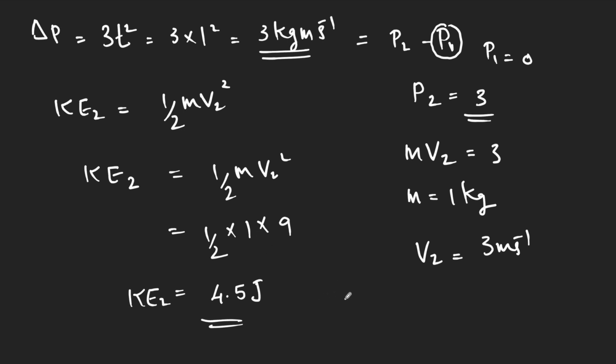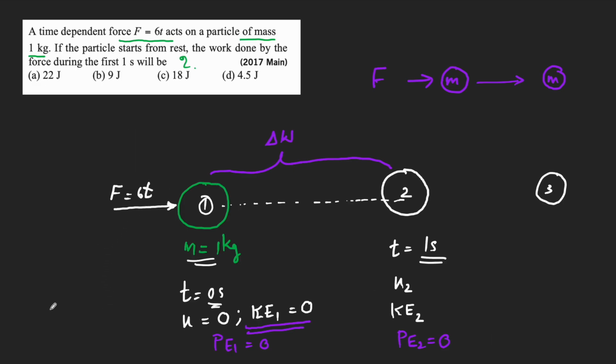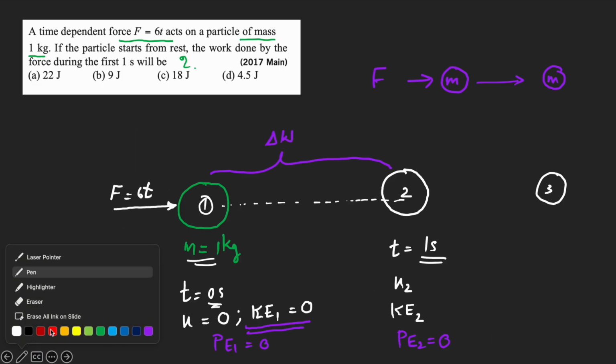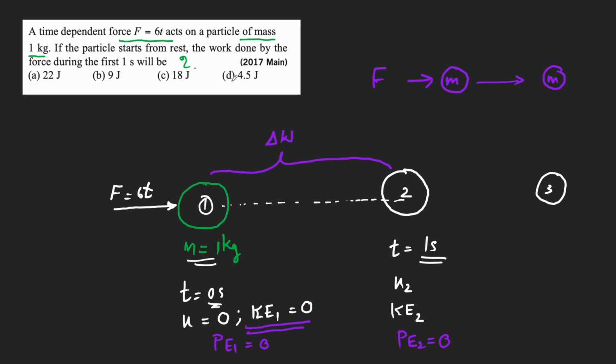So the work transfer is equal to KE2, which is 4.5 joules. That is the answer. You can see it is option number D.